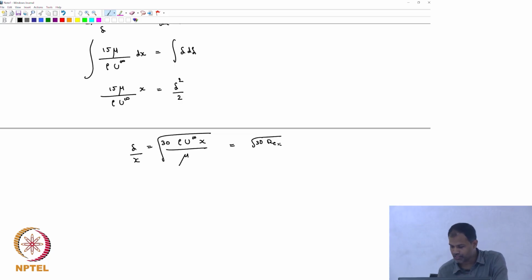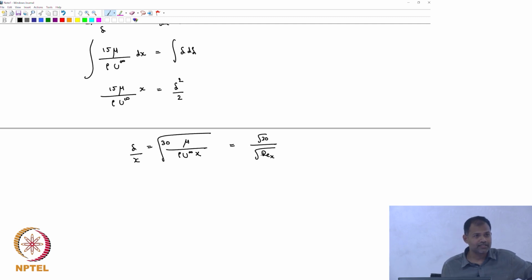So where should I change? It's 30 by, because I haven't done it properly: delta square by x square is 30 mu by rho u infinity x. This is right. So therefore I should really have root 30 divided by root of Re_x.